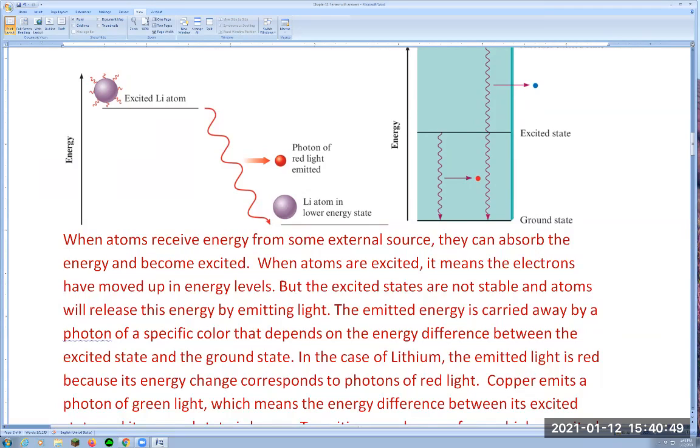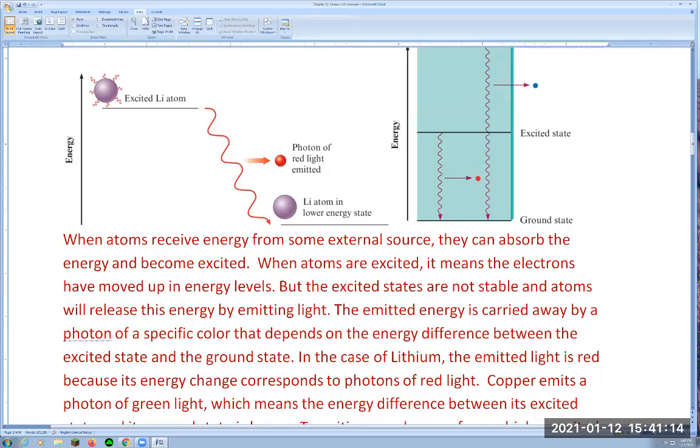And this energy, the energy difference between these two levels, often, like for lithium, copper, sodium, as we saw in the picture, corresponds to visible light when it's a photon of light. And for lithium, it corresponds to a photon of red light.